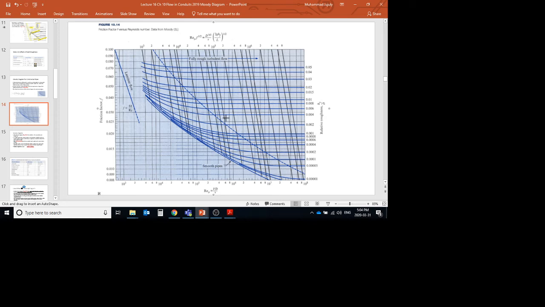When you go up, you can find lots of different lines, 30 or 40 of these. These lines are known as the relative roughness lines. Not only is the Reynolds number important, you have to know the relative roughness of the pipeline to calculate the friction factor.